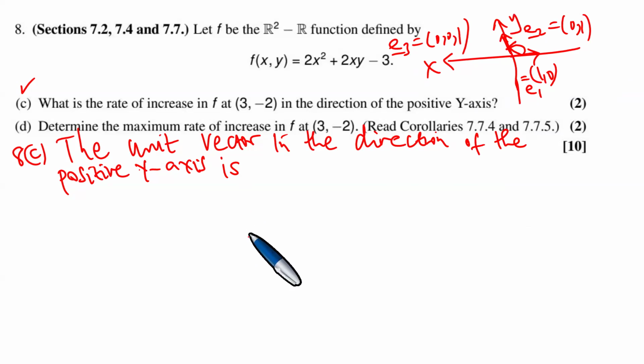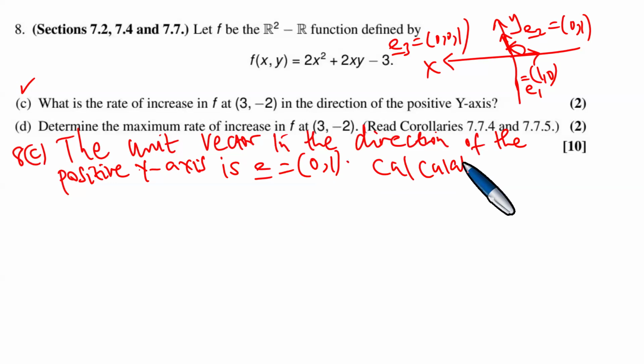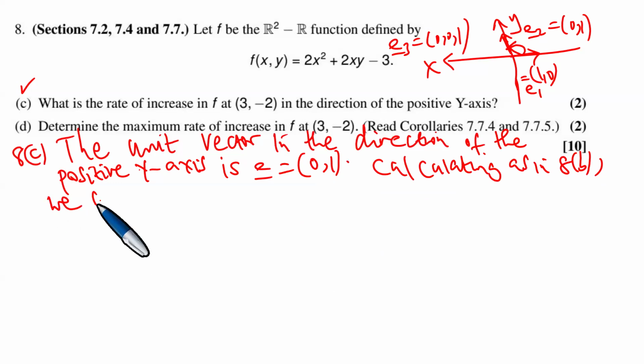So the unit vector E is 0, 1 in the positive y direction, so that only y is 1 and x is 0. Calculating the next thing, as in 8b, we obtain the directional derivative.